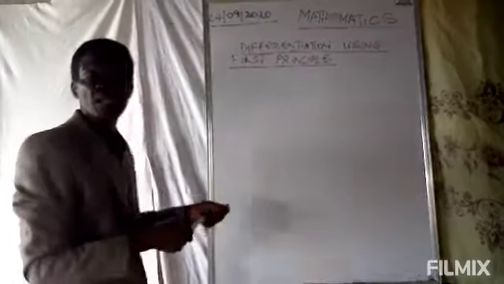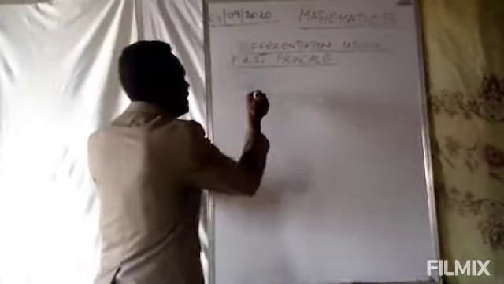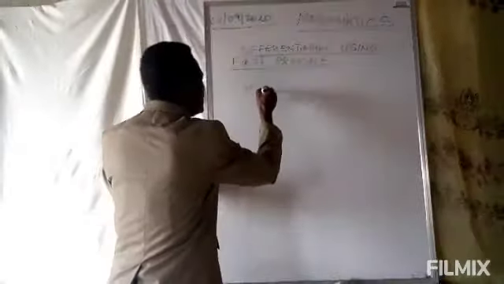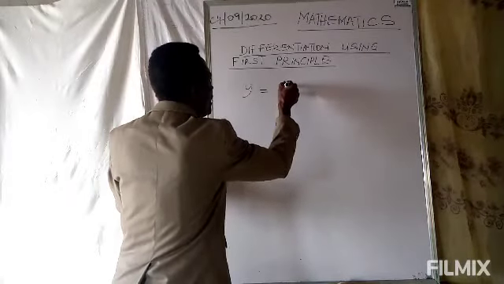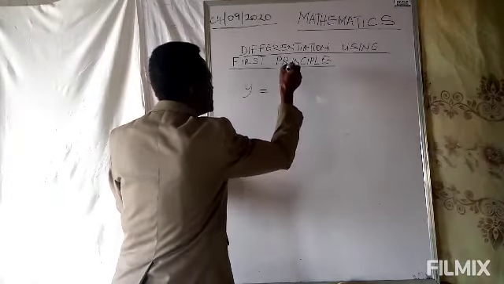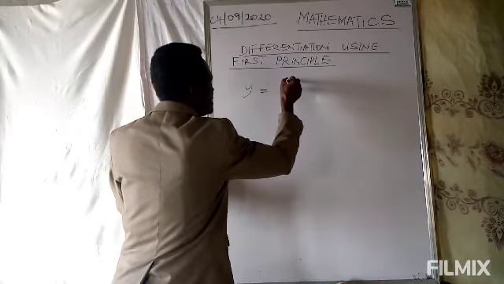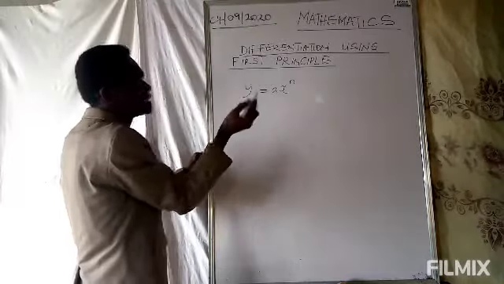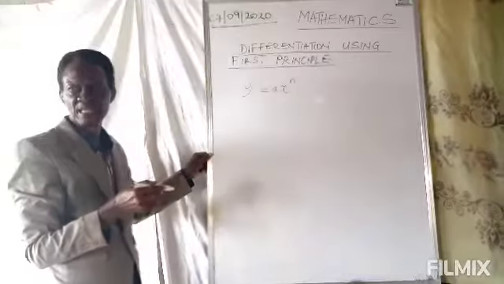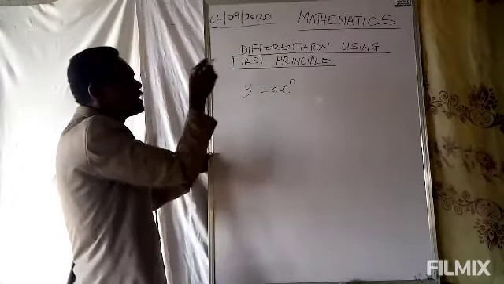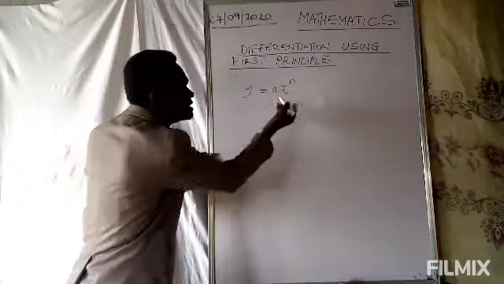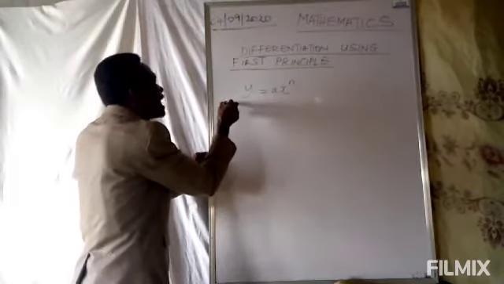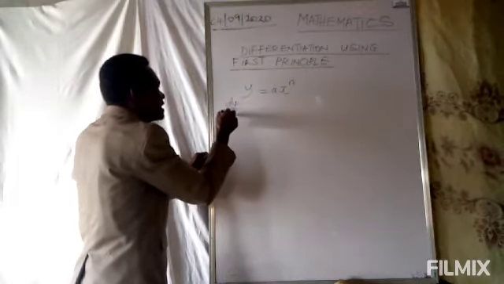We normally say if y is a function of x, let's say y is equal to a x to the n. Therefore, the small increase in y over small increase in x is called delta y all over delta x.